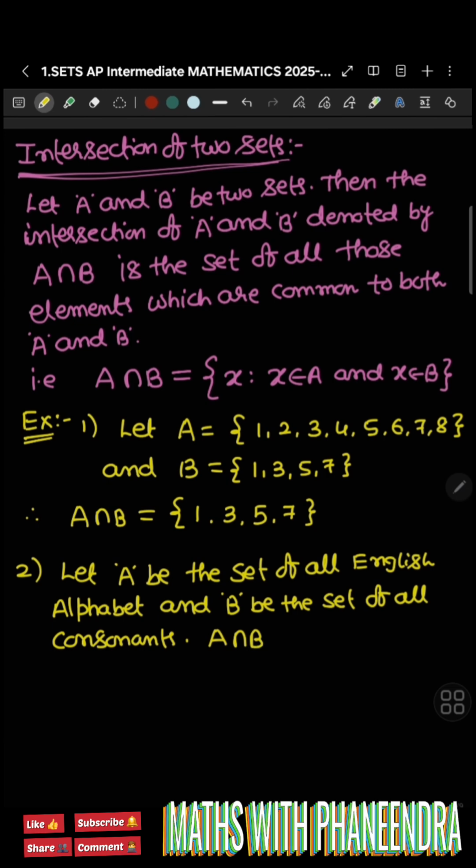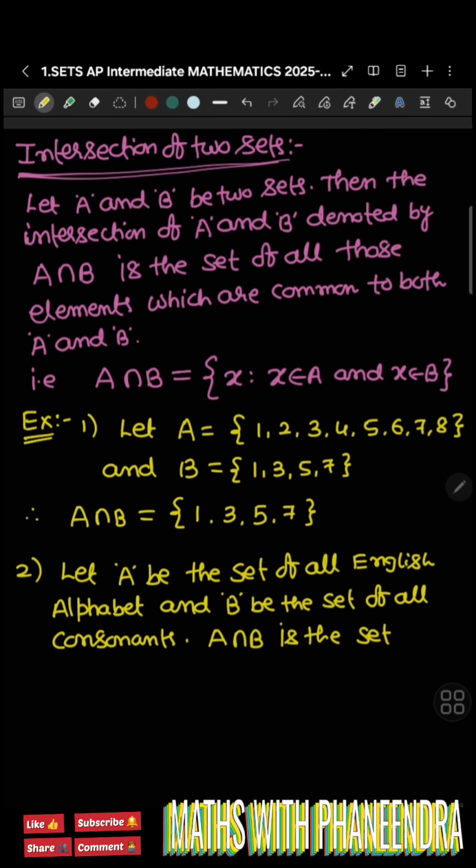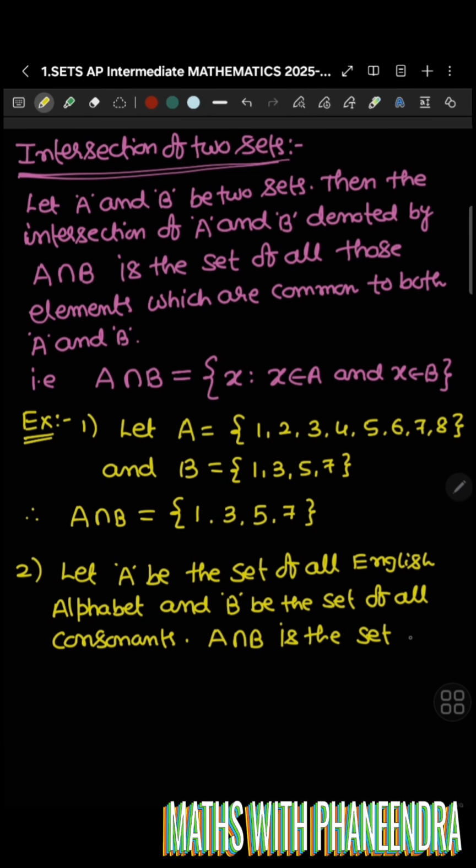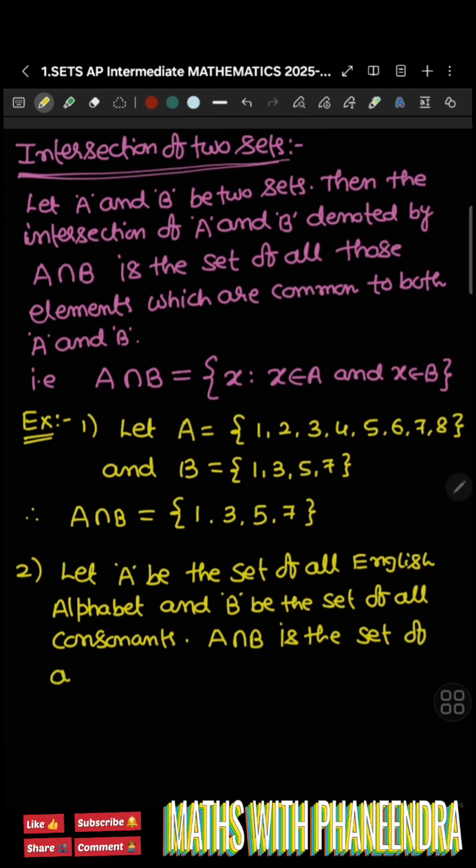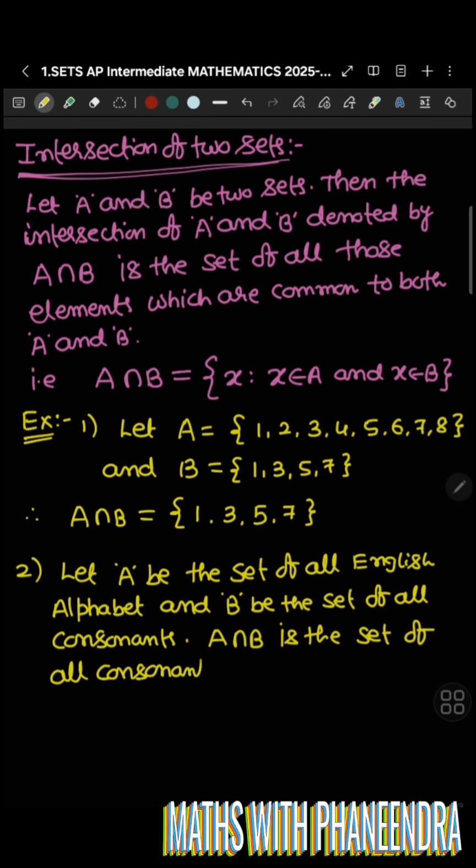A intersection B is the set of all consonants in the English alphabets.